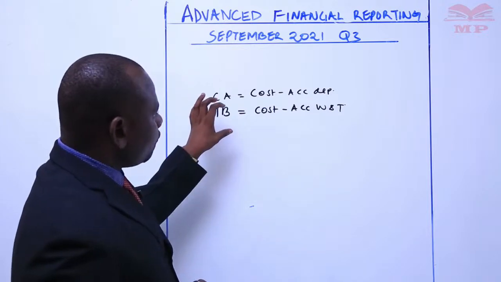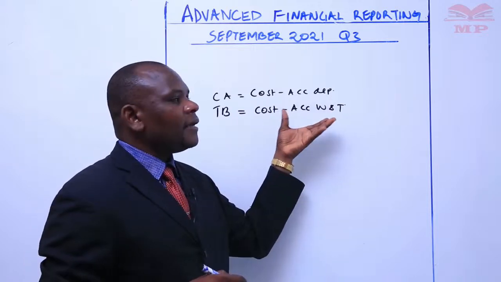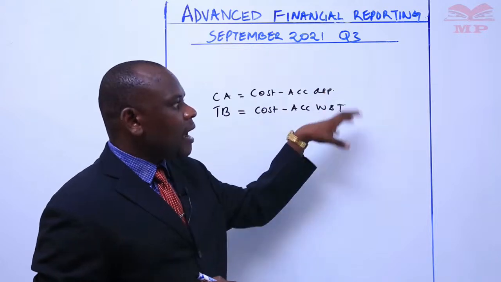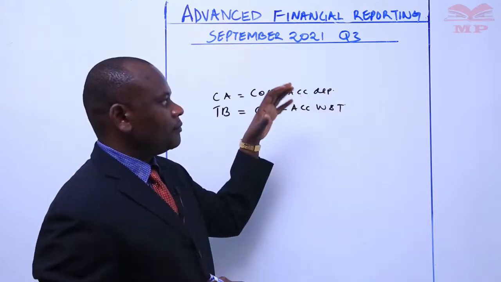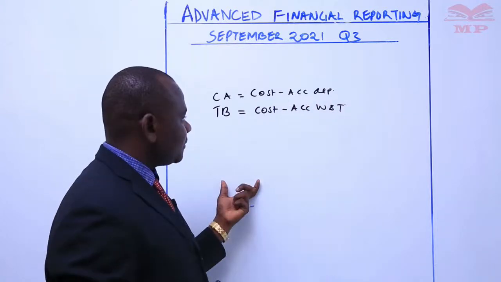Why and how do you get wear and tear? Wear and tear is provided in the wear and tear schedule, which tells us how you're supposed to provide for the wear and tear of specific assets in different classes.